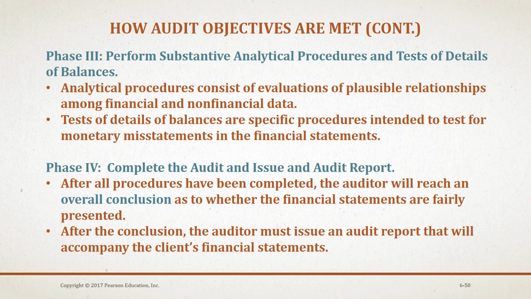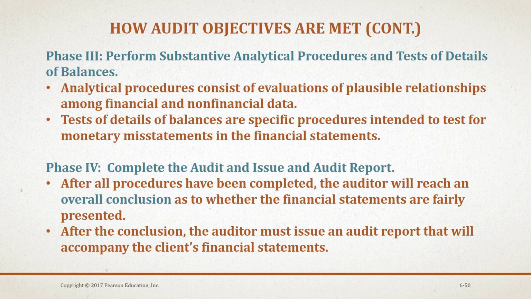Perform substantive analytical procedures and tests of details of balances. So we always want to look at analytical procedures to see are there plausible relationships. Typically, in the beginning and end of every audit, we are required by the standards to do an assessment, a prelim and a post, to see if there are any weird relationships.